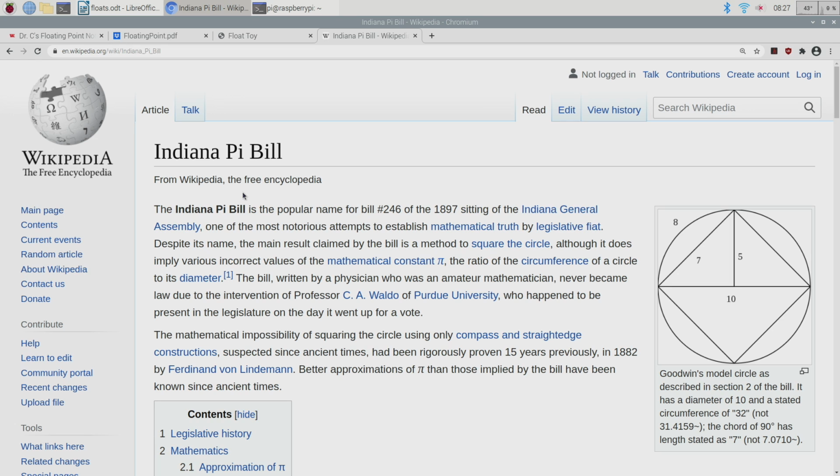In exchange for that, he would allow his magical discoveries to be used in Indiana public schools without royalties. And one of the consequences of his garbage is that pi is 3. Now, fortunately, Professor Waldo from Purdue happened to be at the State Assembly building when they were voting on this and saved the day, and pi was not re-legislated to be 3 in the state of Indiana.